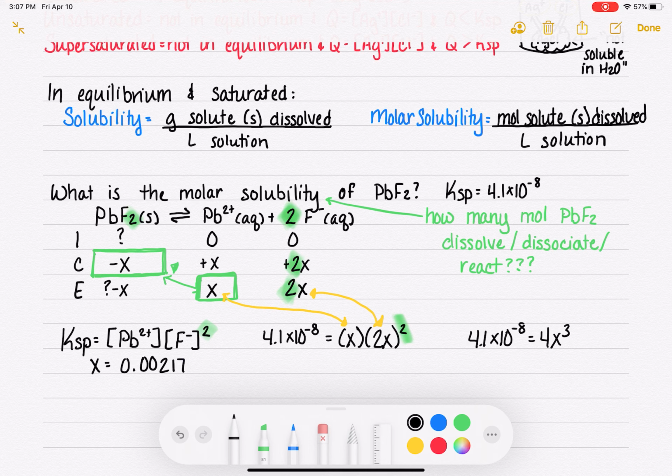Let's think about what the units are on that X. The ICE table default unit, unless we change something, is always molarity. So our X is going to come out with units of molarity, or moles per liter, which is the units of molar solubility, which is exactly what we're trying to figure out. So this problem is solved, and this is our answer. This is the number of moles per liter of lead fluoride that will dissolve.